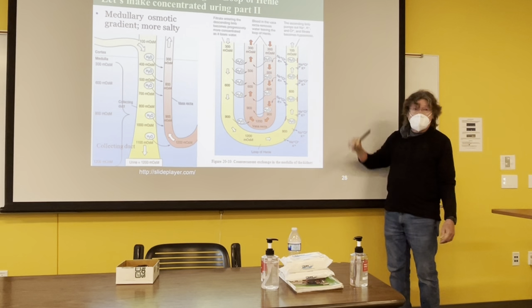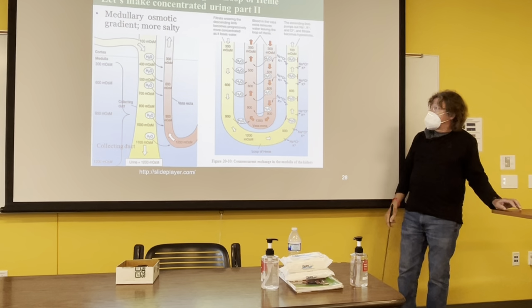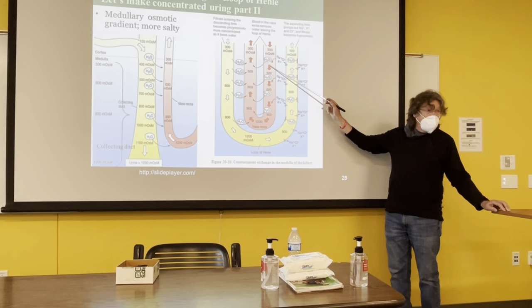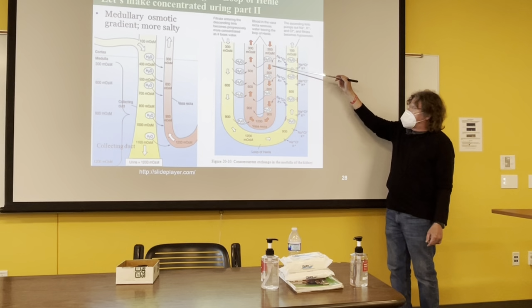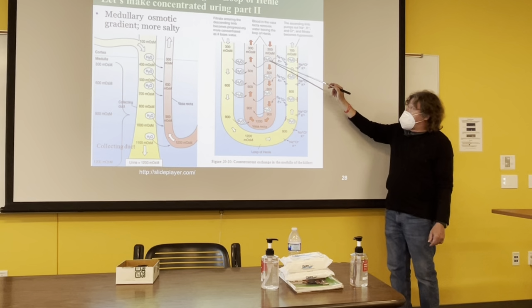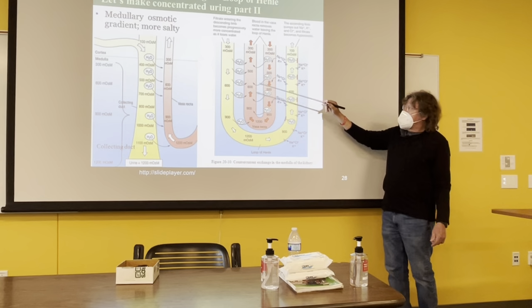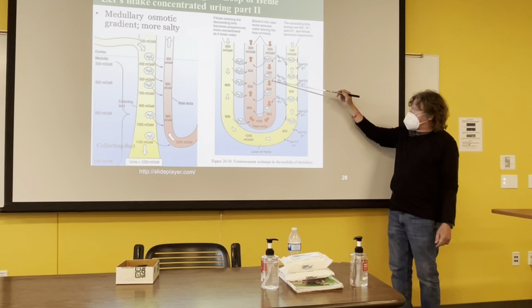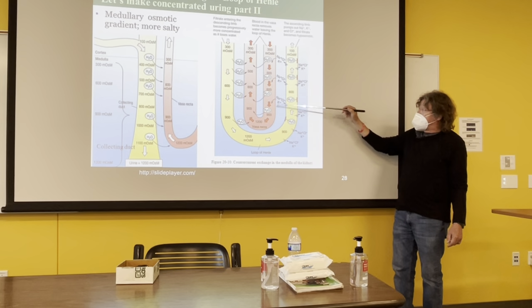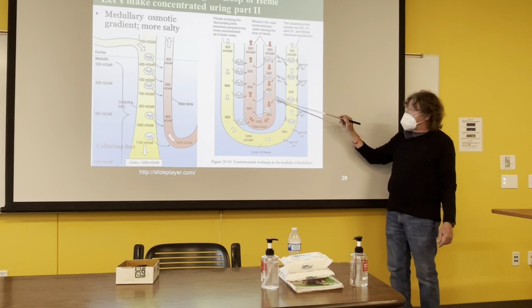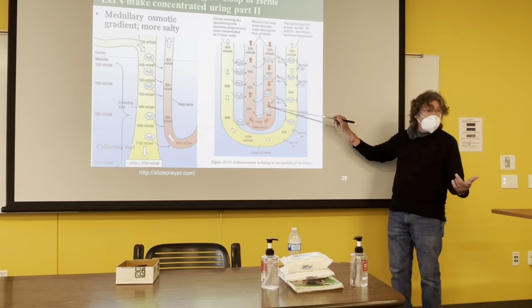It's going to increase. Yes, because this is going to get more concentrated. Water is moving over there, even with the blood, okay? And so the blood is becoming more and more concentrated because the salt is being moved out of the ascending limb, and it goes right into the blood, which leads to its concentration.